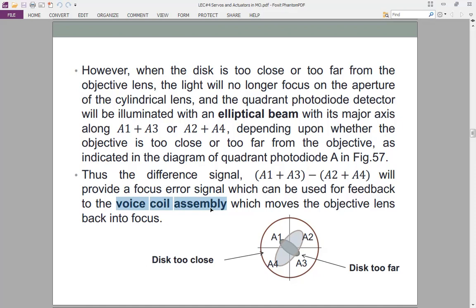The objective lens is attached to that coil, so that when it moves outwards or inwards, it is correcting that error. If the disk moved too far, then the objective lens will be forced to move closer, and that movement is done through the voice coil assembly, which I've explained. It has almost a similar mechanism to the loudspeaker operation.